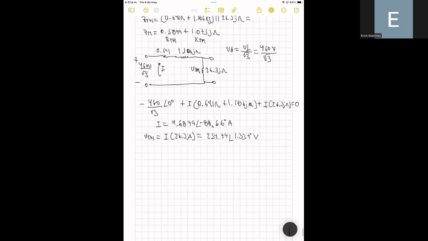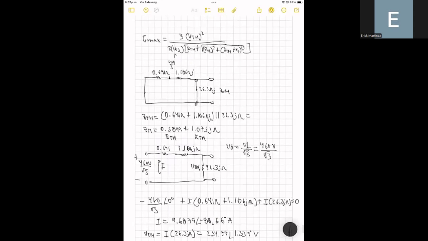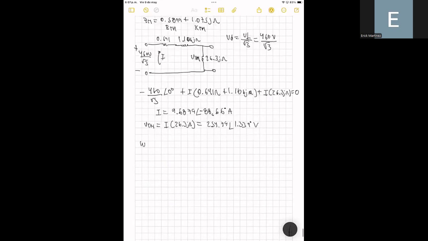But also, I wanted to mention that we need to compute also the synchronous speed in radians per second. So again, we know that the synchronous speed is equal to 120 times the frequency divided by the number of poles of the motor. But we need this value in radians per second. So we need to multiply this by 2 pi and divide that by 60 seconds.